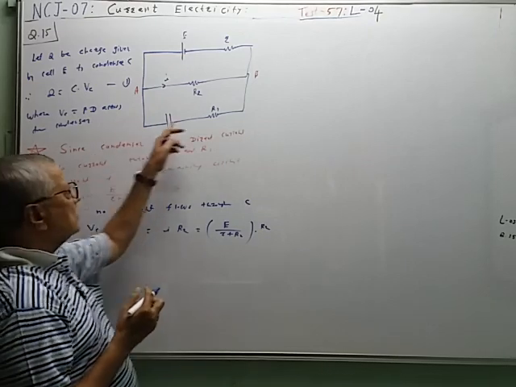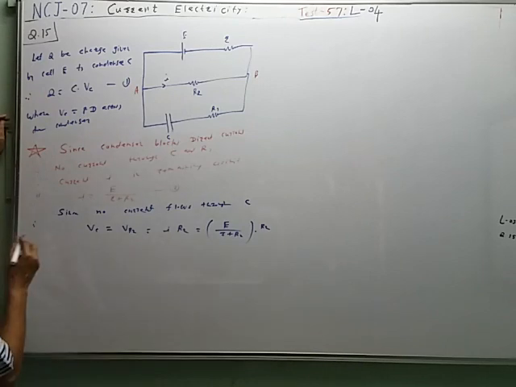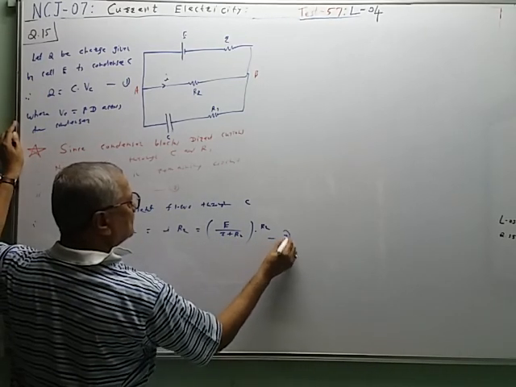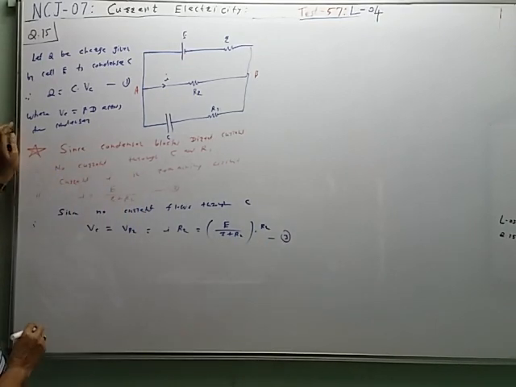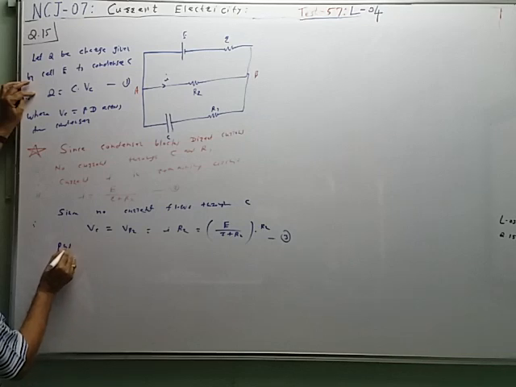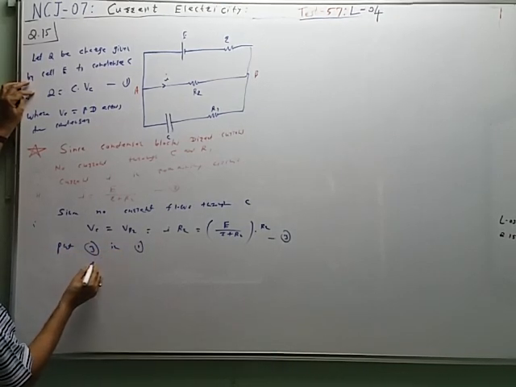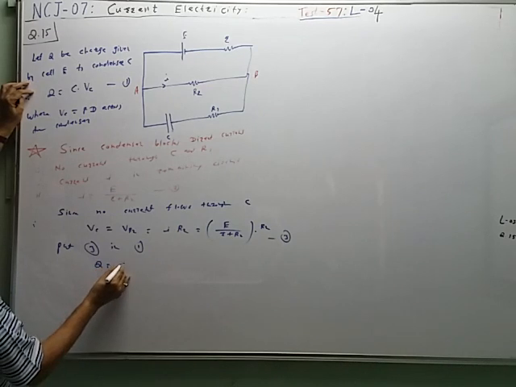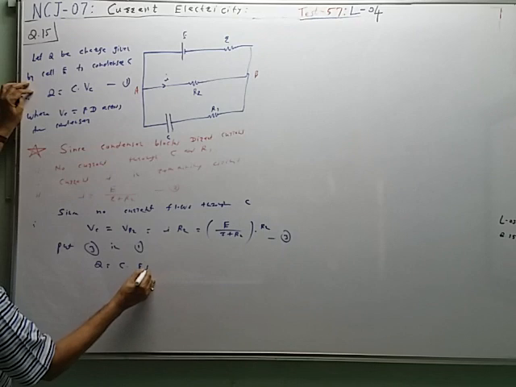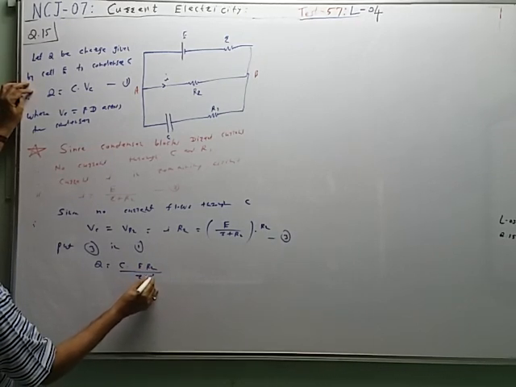लाईक दिस. म्हणजे ह्या ब्रँडमधलं करंट झिरोच आहे. Therefore, this is equation 3. Put 3 in 1. And therefore, charge Q is equal to C multiplied by E R2 upon R plus R2.